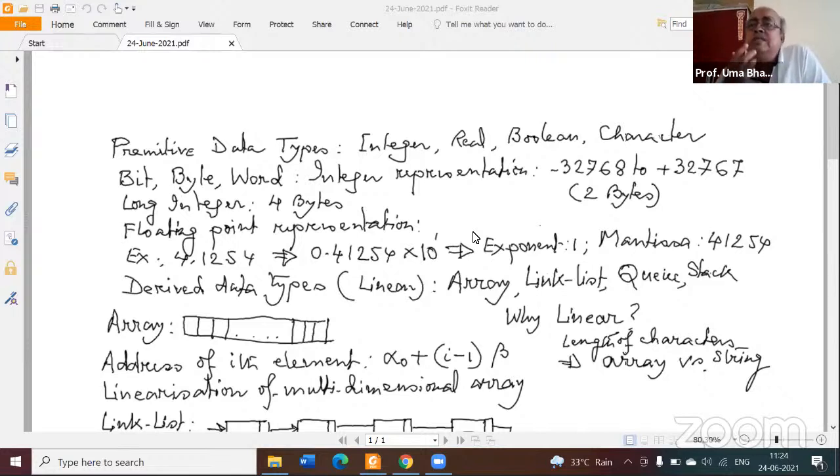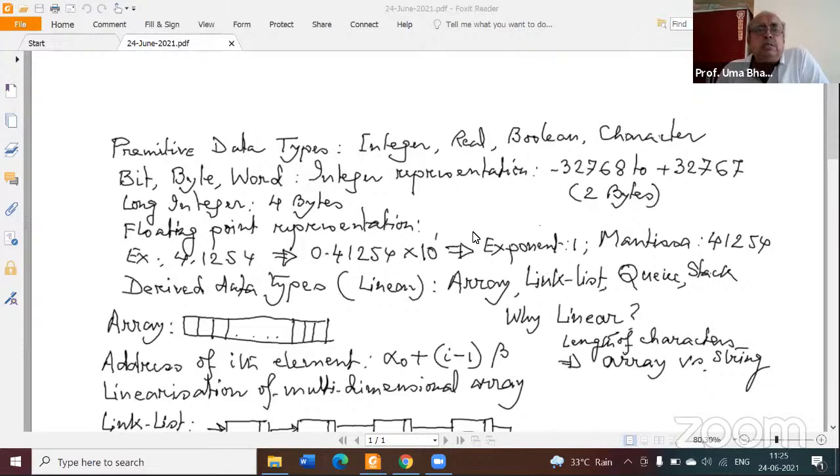And since it can be easily computed, accessing any particular element within an array is independent of which element you are going to access. You don't have to go sequentially. If you know the address, straight away you go to the address and then do it. Of course, if you have to compute the address.